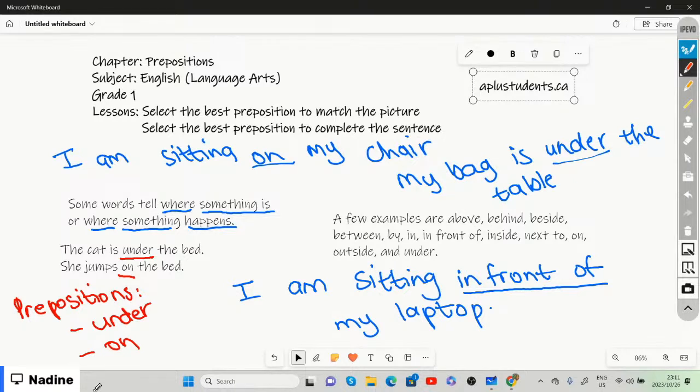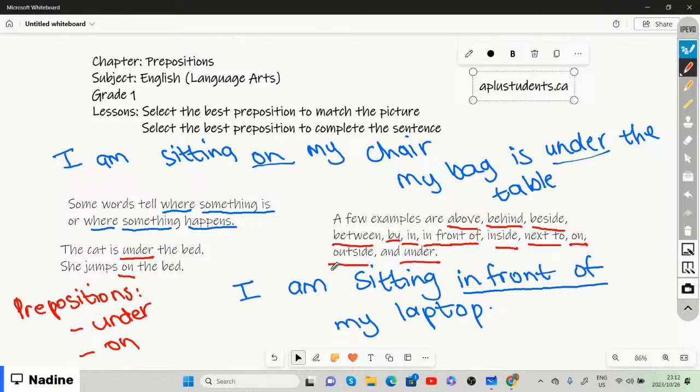And if we look at a few examples of prepositions, a few examples are above, behind, beside, between, by, in front of, inside, next to, on, outside, under.